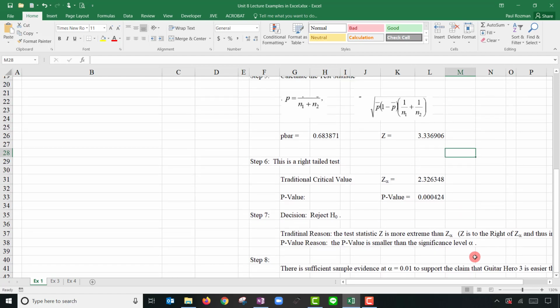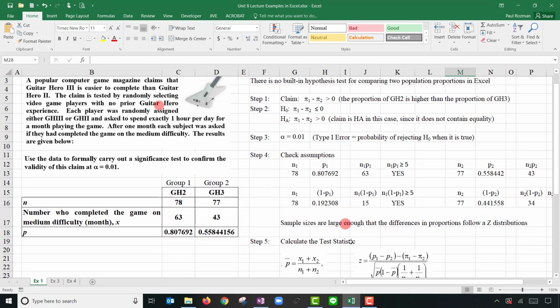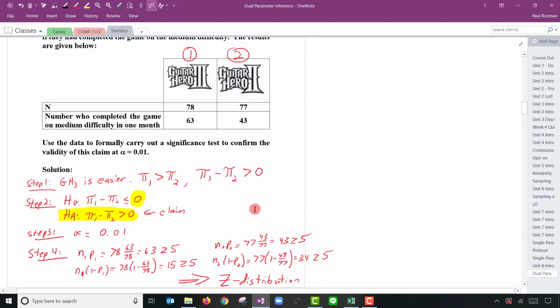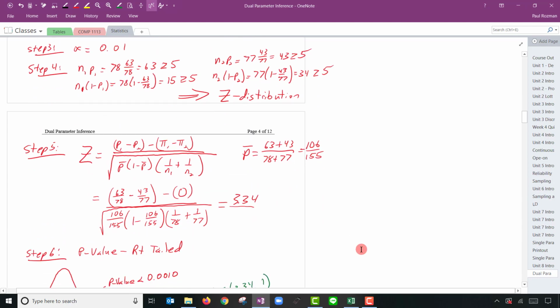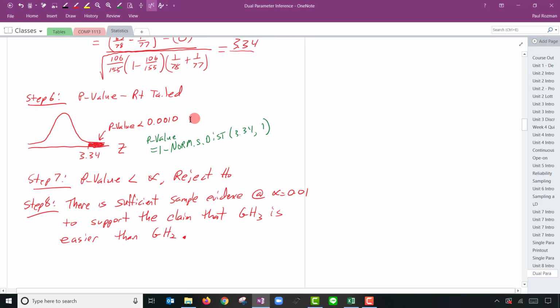On your final exam, I typically have you write out your test even if you use Excel to help you. So for a question like we just did, your answer would look like we did it here. You'll write this whole thing out, and you'd use Excel to get the 3.34, and maybe you'd use Excel to get this p-value, which turned out to be 0.00043 if I recall.